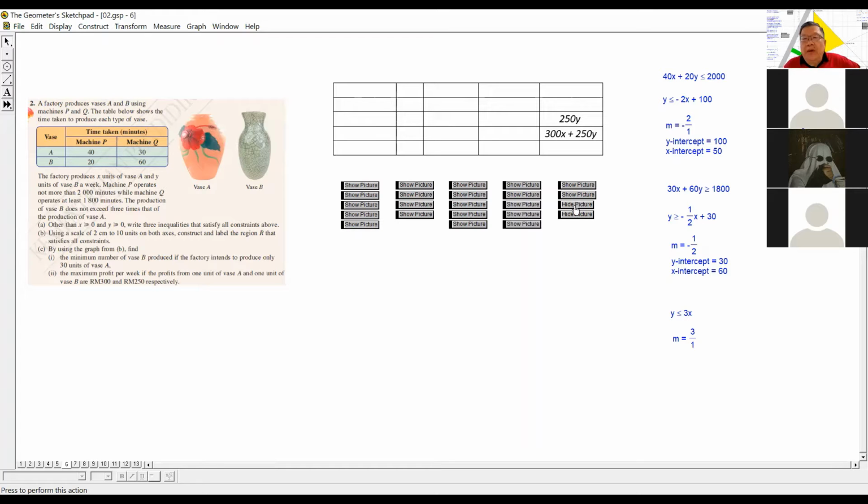This is not a flower pot, it's a vase. First of all, you identify the type. In this case, it is given in the question, so you just copy down that vase. Now the two types, they are type A and type B.